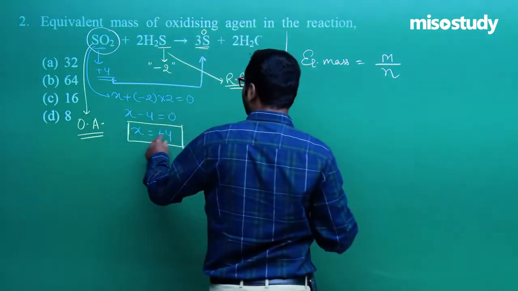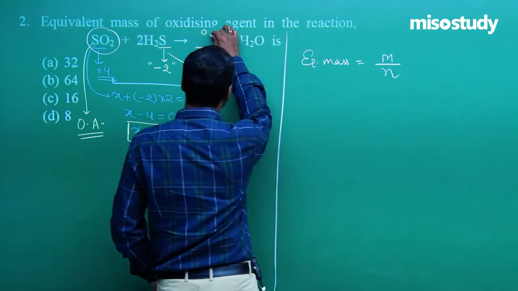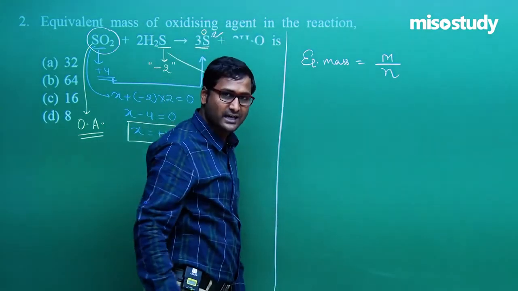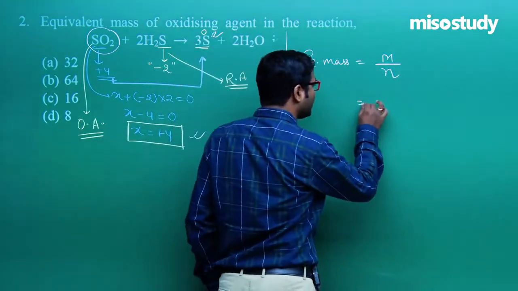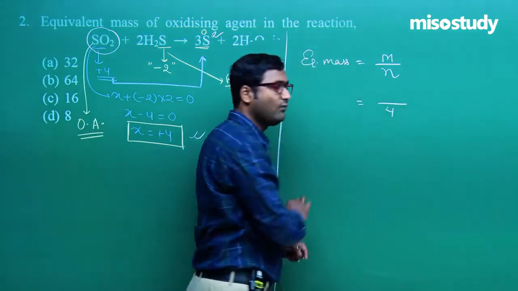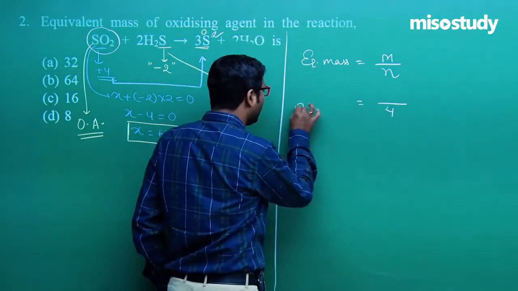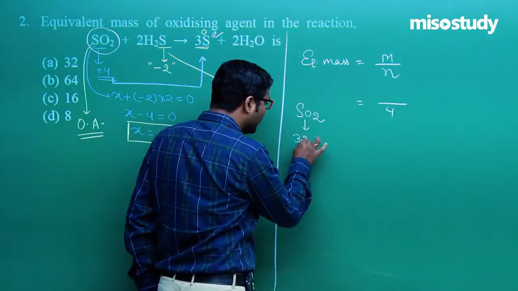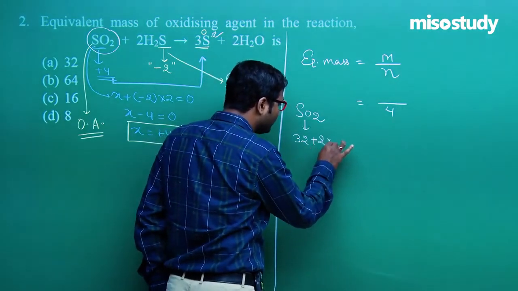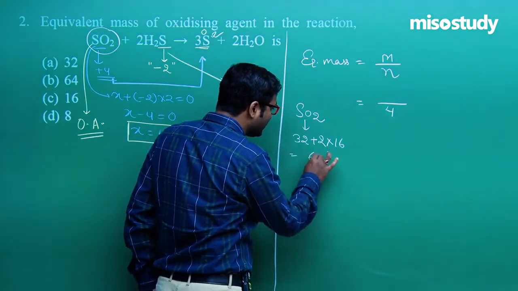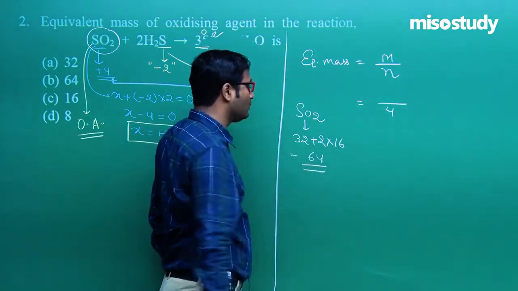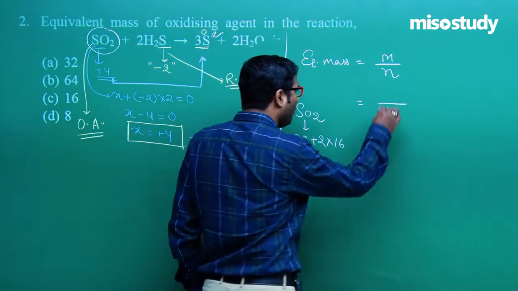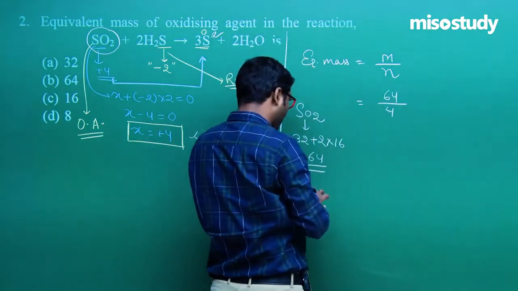Here SO2 goes from +4 oxidation state to 0 oxidation state, so the total change in oxidation state N is equal to 4. And what is the molecular mass of SO2? We know sulfur is 32, oxygen 2 into 16, that is 32 plus 32 is equal to 64, 64 by 4.